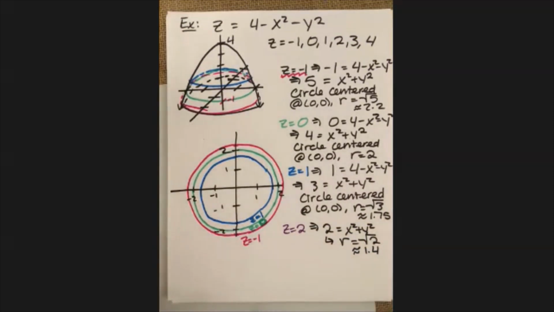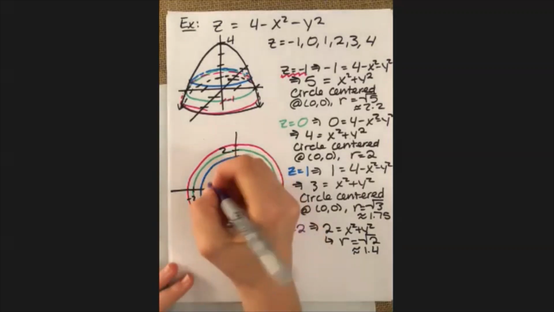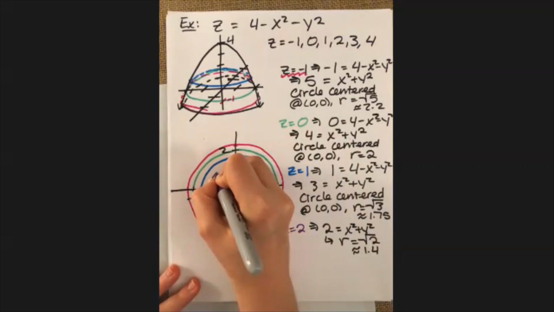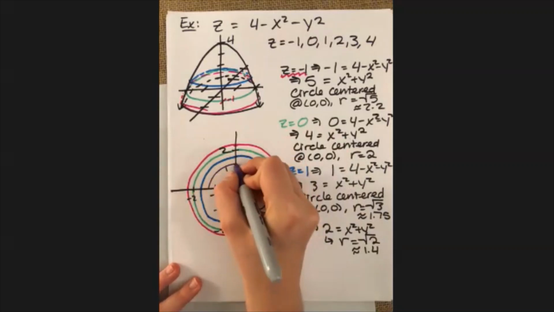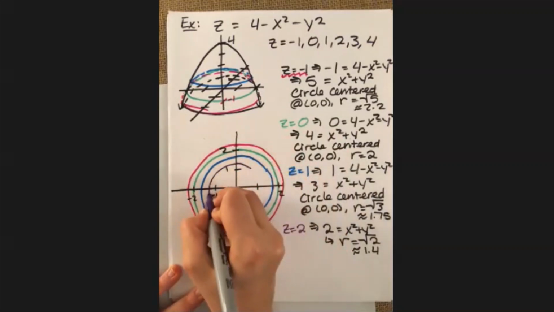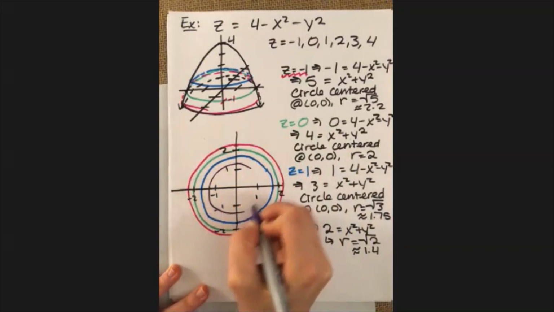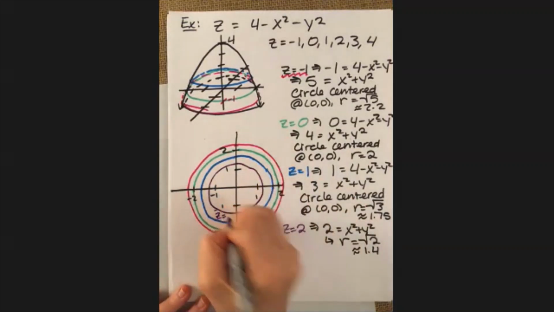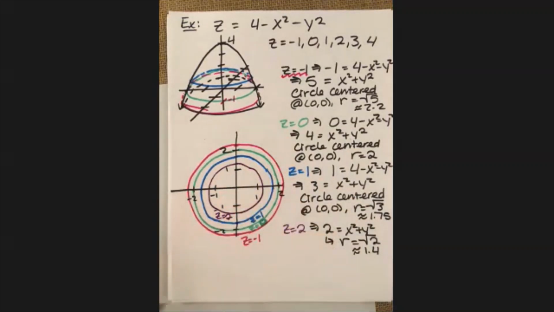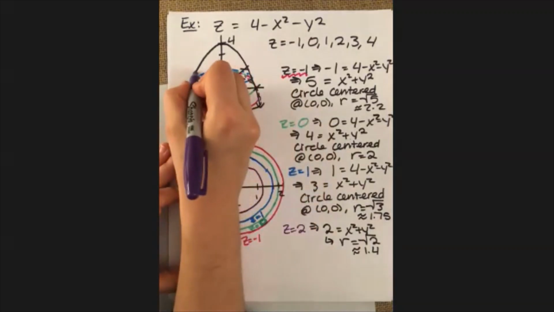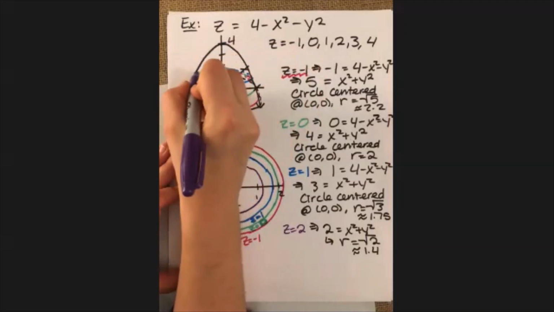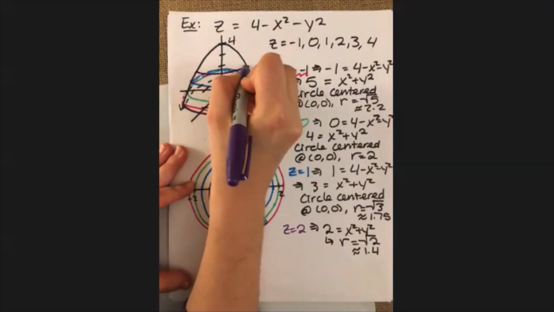So it's going to be just under 1.5 where we're going to place this circle. This is kind of a lumpy circle. But this corresponds to z equals 2. So that would be more or less this stripe right here.